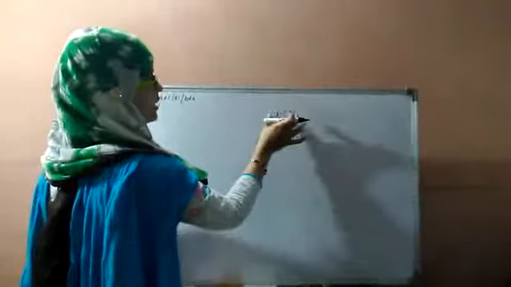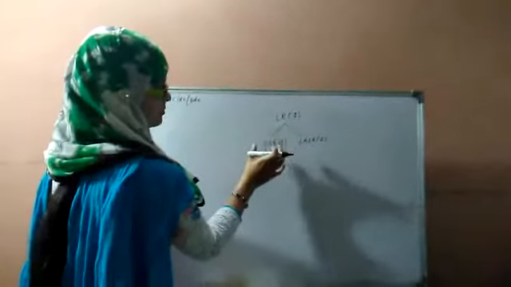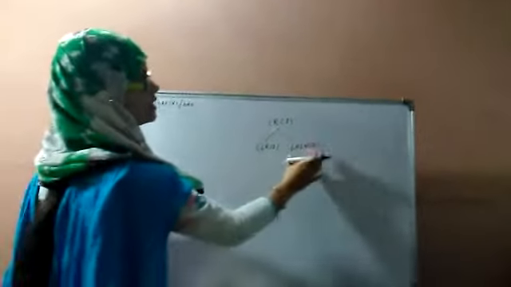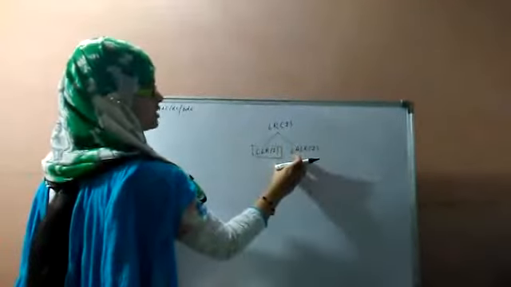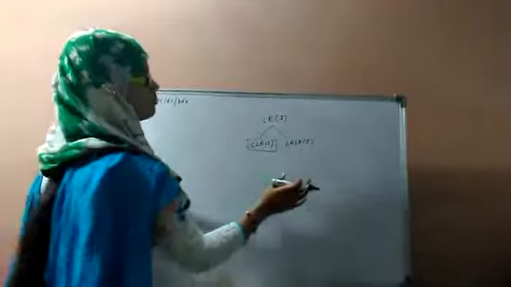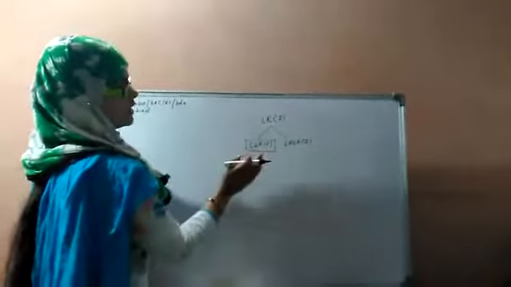I have told you about the LR1 items. LR1 items are found in the canonical LR1 parsing technique and the LALR parsing technique, and I am here dealing with the canonical LR1 parsing technique. The basic difference between these two is that when we are constructing the parsing table, the entries in the canonical LR1 parsing table are much more than in the LALR parsing table.